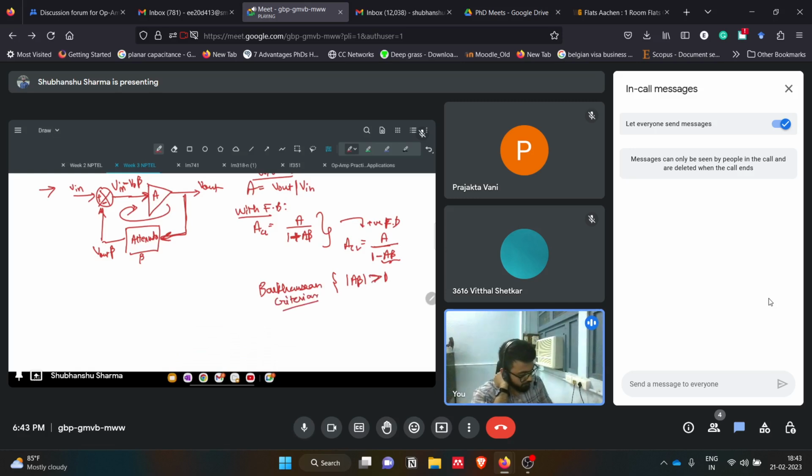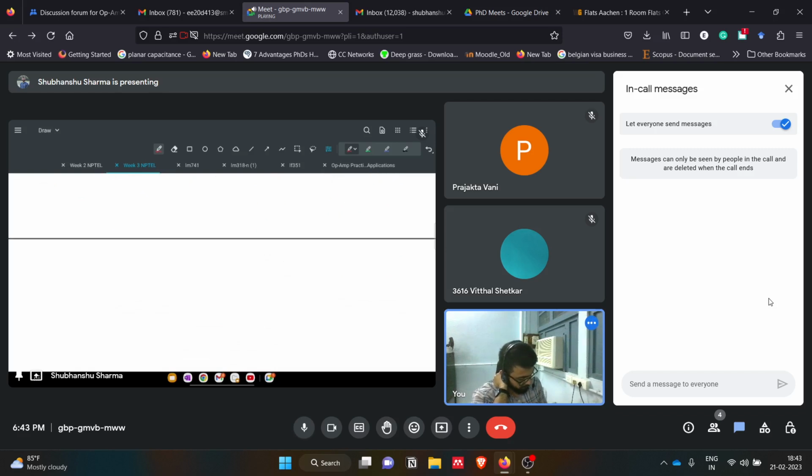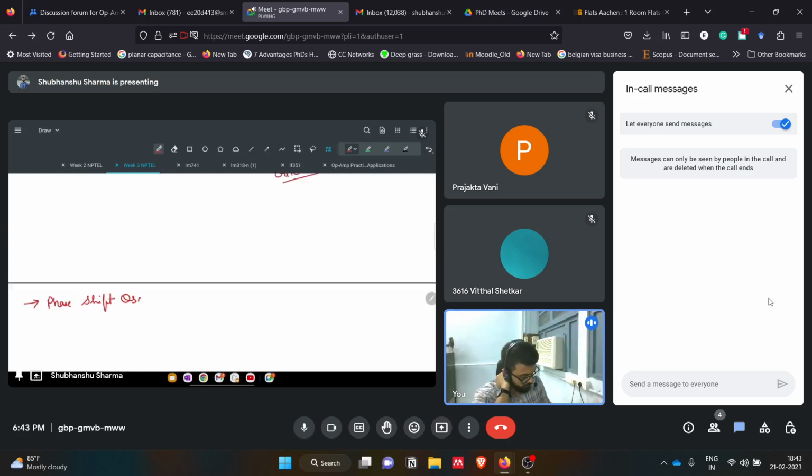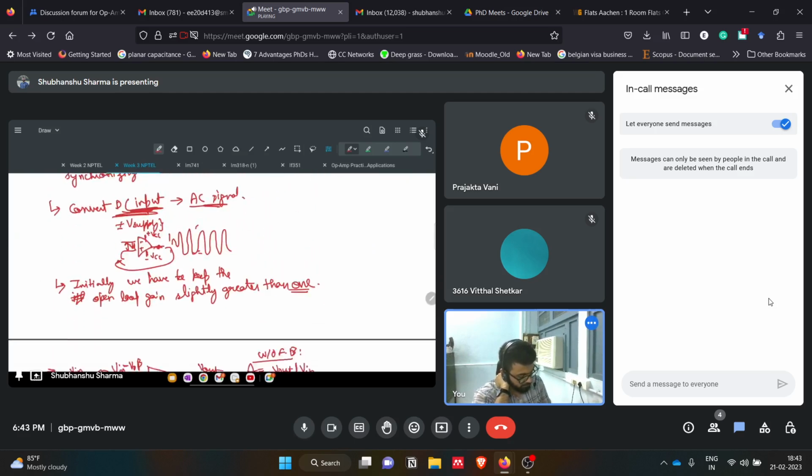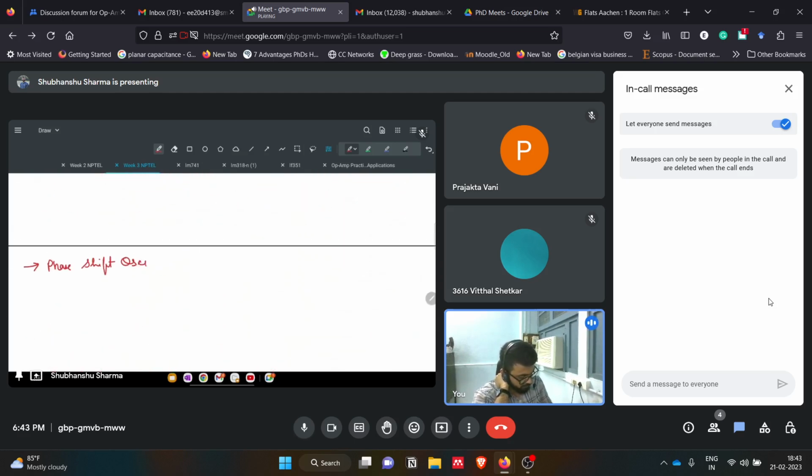Fine. Then after that, what did we learn? We learned phase shift oscillators. So we are now coming to the first oscillator. This was only the basics. Then what actually are phase shift oscillators? First we'll look at the RC phase shift oscillators. Why do we need phase shifts?